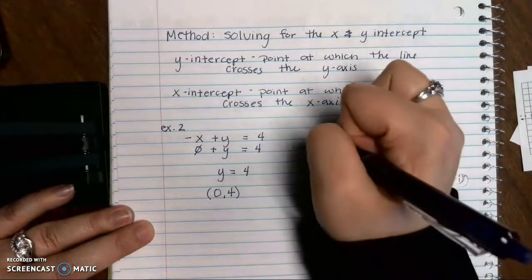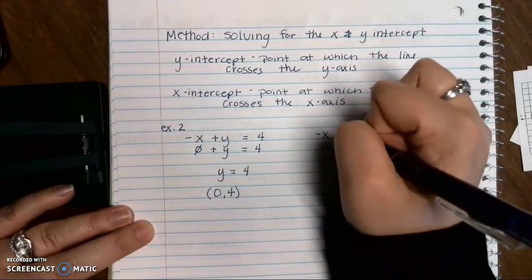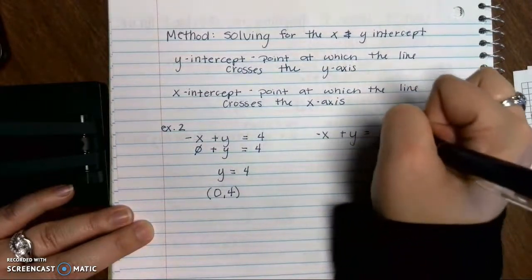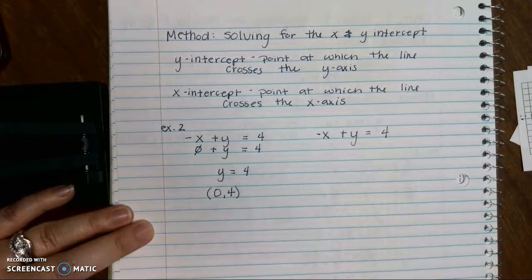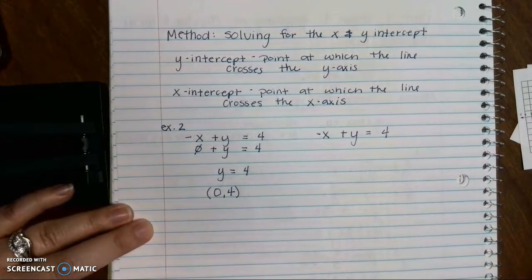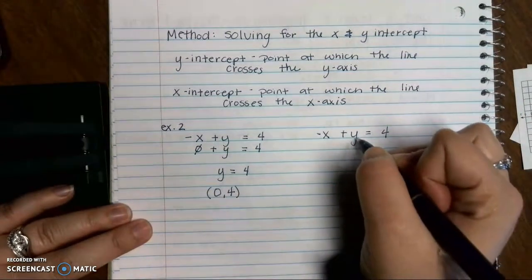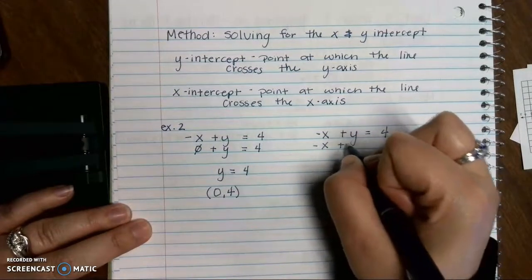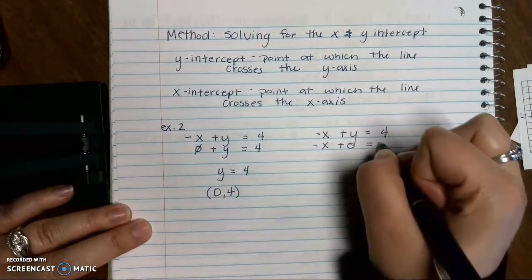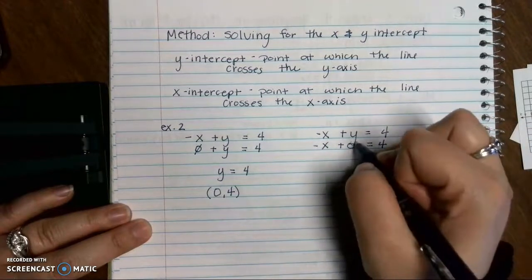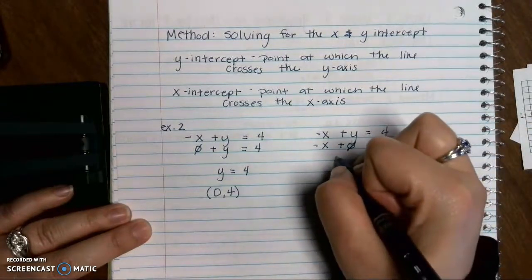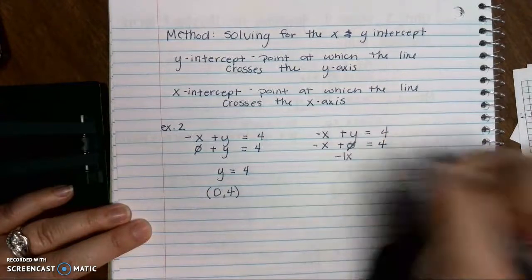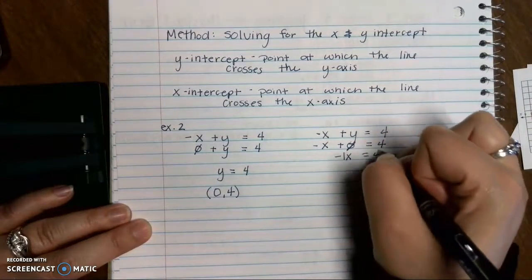So let's do the opposite. Negative x plus y is equal to 4. Now I'm looking for my x-intercept. So I need to plug in a 0 for my y and solve for x. So negative x plus 0 is equal to 4. My 0 cancels out. So now I have negative x is equal to 4.